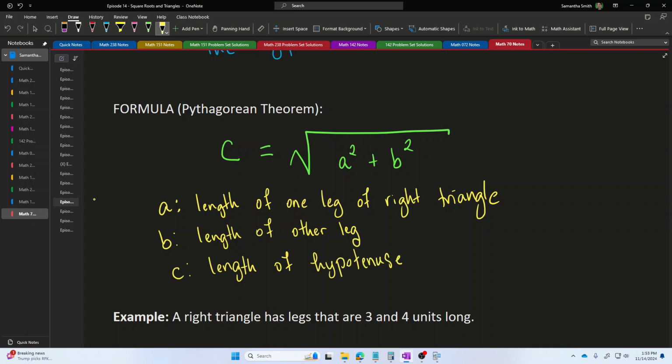So if you have the lengths of the two legs of your right triangle, you can use this formula, this process, to calculate the length of the hypotenuse. C is equal to the square root of a squared plus b squared.